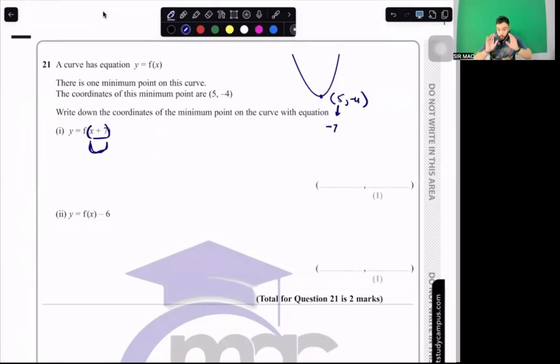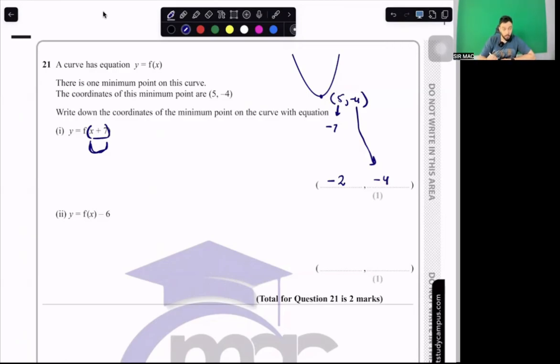It's always the case. 5 minus 7 you would get as negative 2. And the y coordinate stays the same, negative 4. That's one mark. Make sense? So if it's inside the bracket, you would actually have to do that.